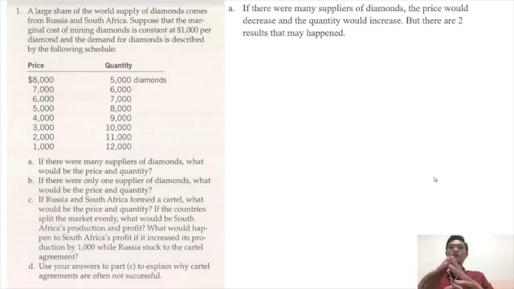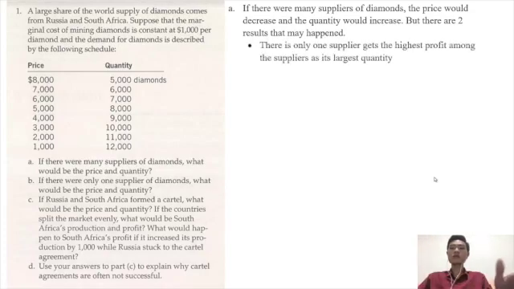But there are two results that may happen if there are many suppliers in the market. The first result is that only one supplier gets the highest profit among the suppliers, as it has the largest quantity.